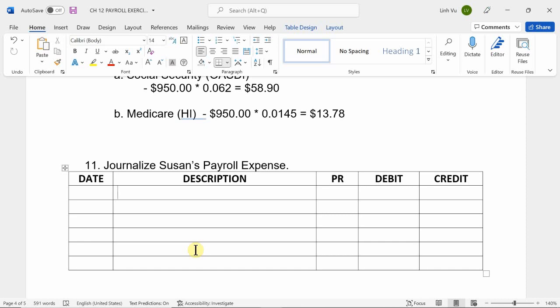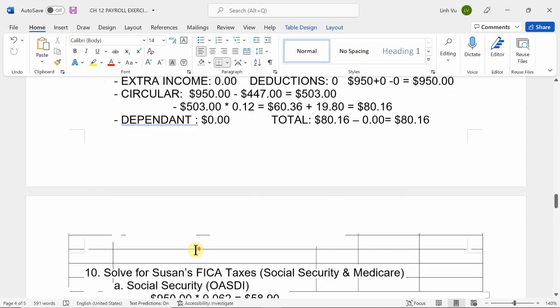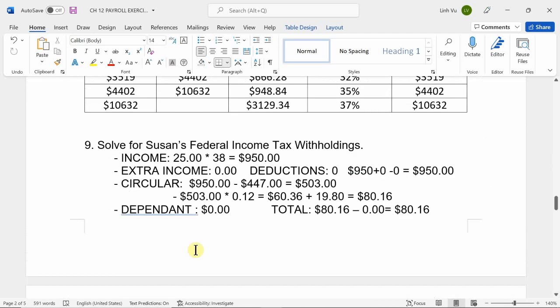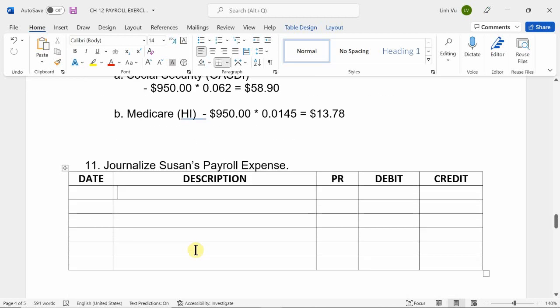The first word is salaries. Salary. Wage expense. Okay.